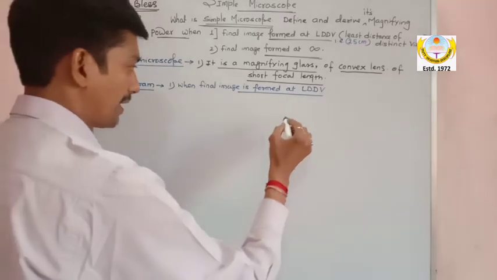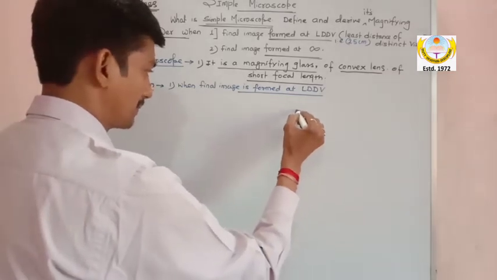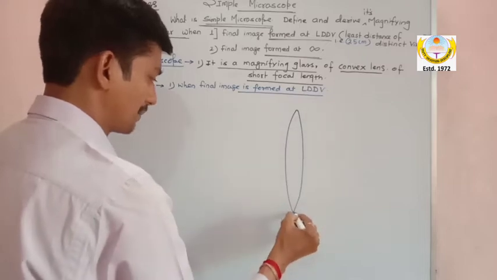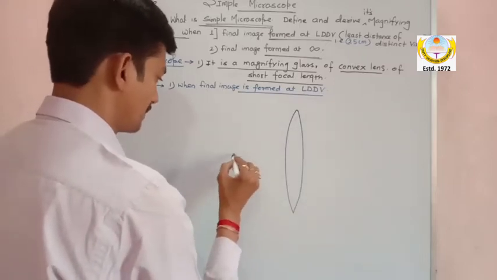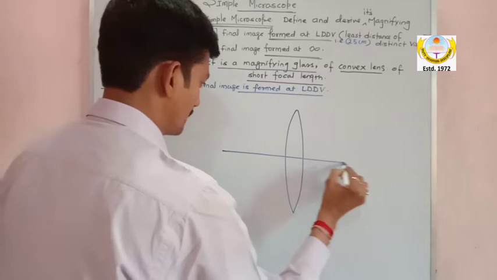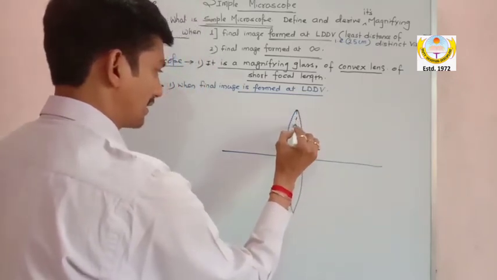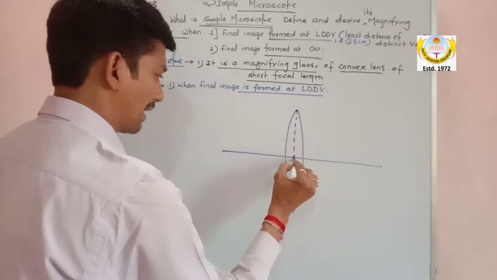Now when we draw the diagram, here this is the convex lens. This is the optical center and this is the lens. This is called the optic axis.